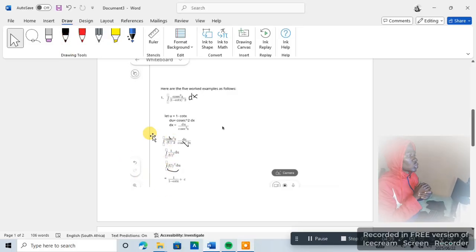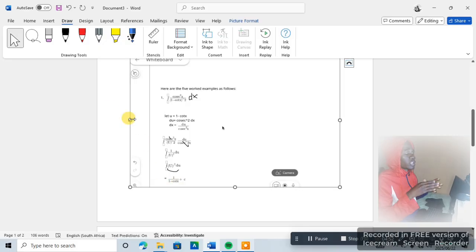So we are going to make this u a negative exponent. Thereafter we're going to apply the power rule. After applying the power rule, we'll have this answer as our final answer, guys.